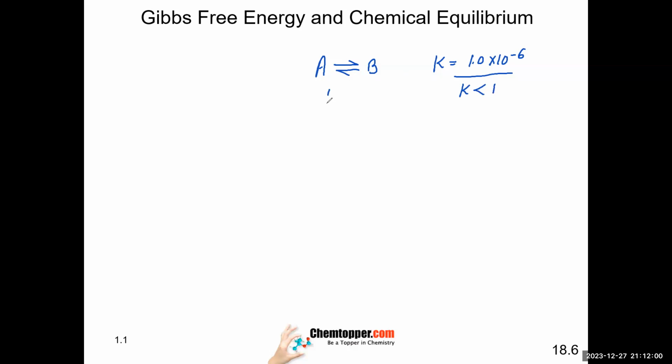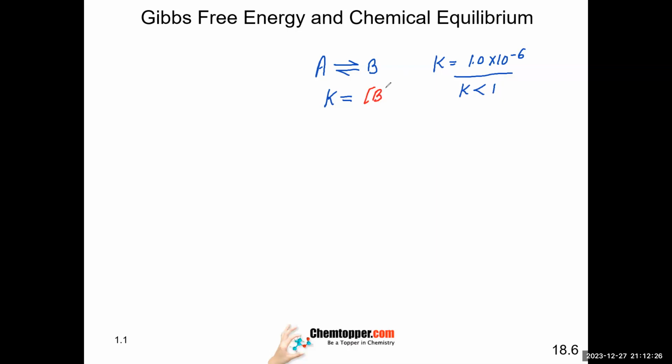You remember what's the K expression? Equilibrium constant expression? Any one of you? K, equilibrium constant. We have done K, Q, KSP, dissociation constant, Ka, Kb. Remember? So what's the K expression?